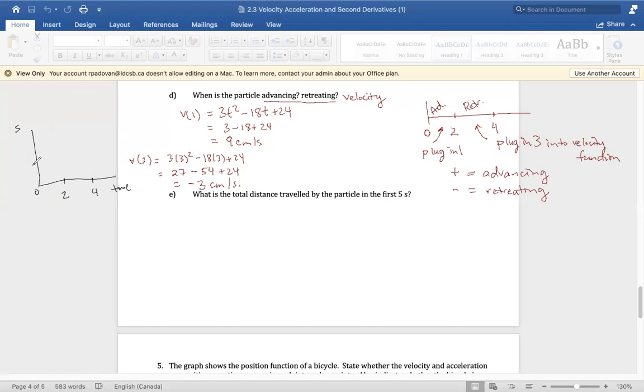If I'm not moving at 2 and at 4, those are maximum and minimum values, where the tangent line is 0, where the slope is 0. Advancing means moving up, so I'm going up until I get to 2, then I'm not moving. Between 2 and 4, I'm retreating because at a value of 3 it was negative, so I'm going back down.